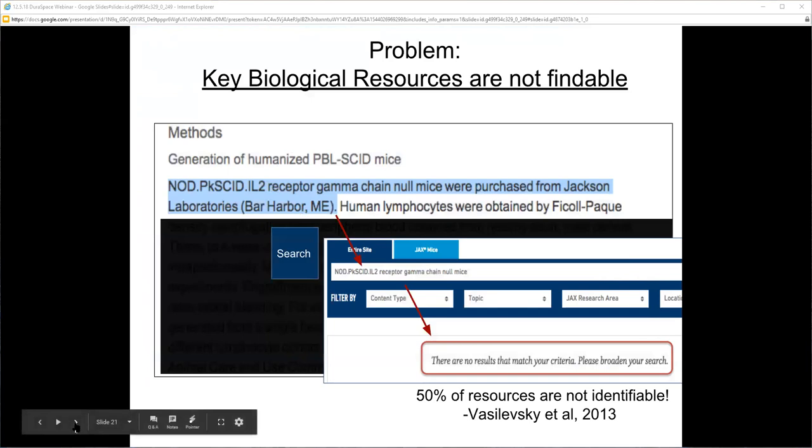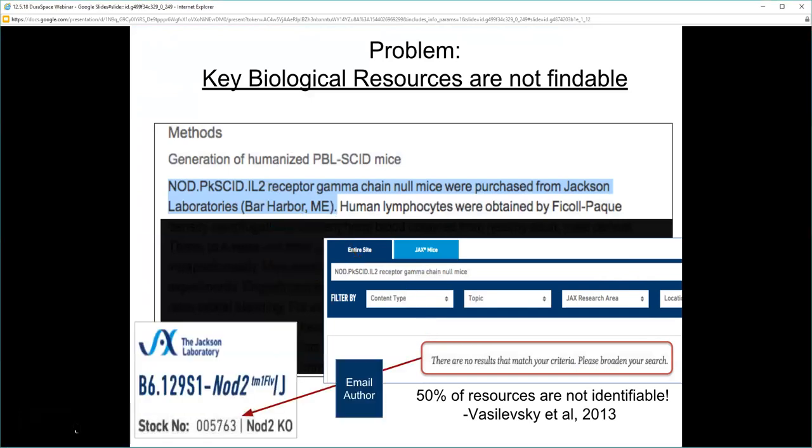So if you go to the next slide, the way that we address this in the community is, well, we basically email the author, right? And when I did this, I emailed this author. He said, oh, that's no problem. The mouse is actually 5763. That's the stock number of the mouse.